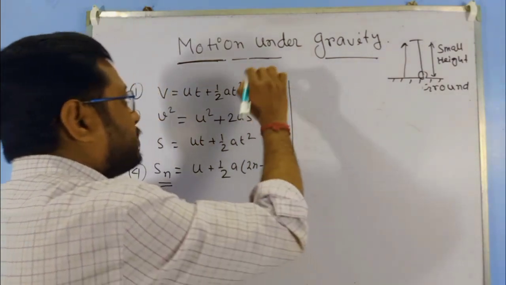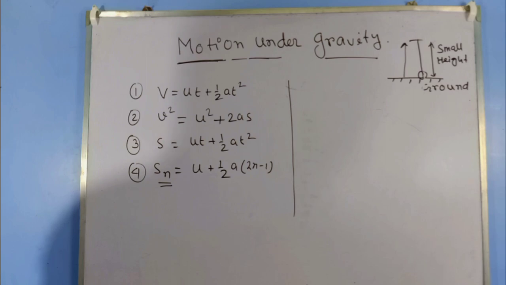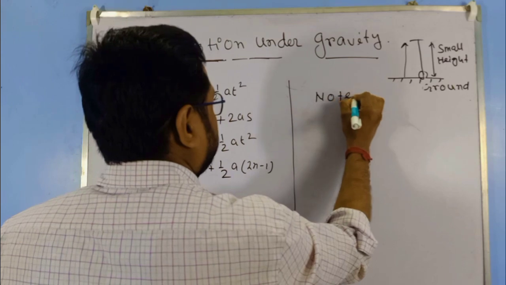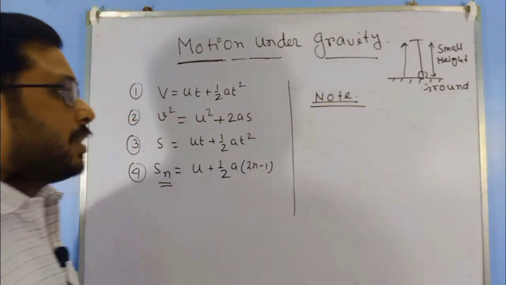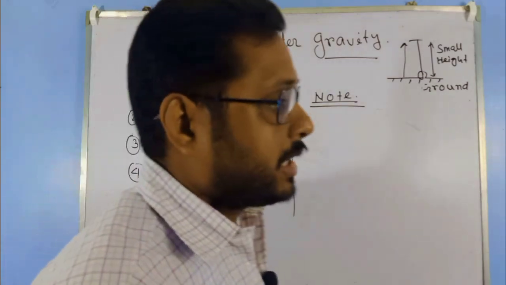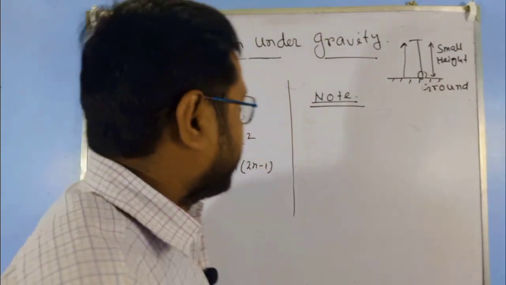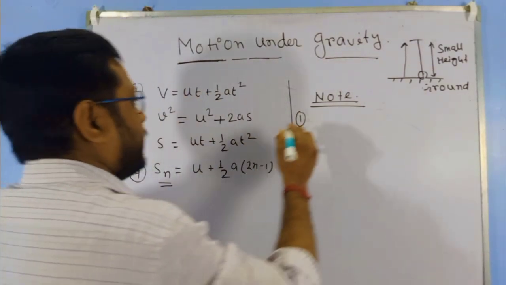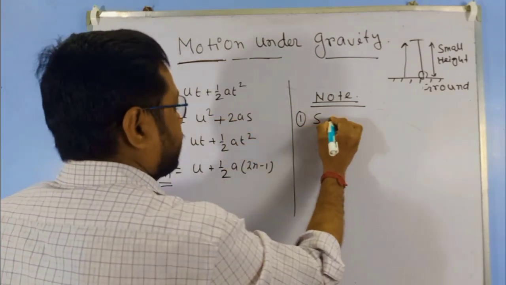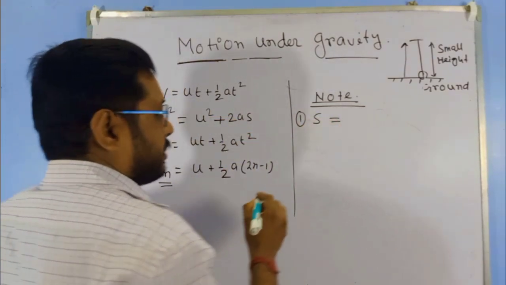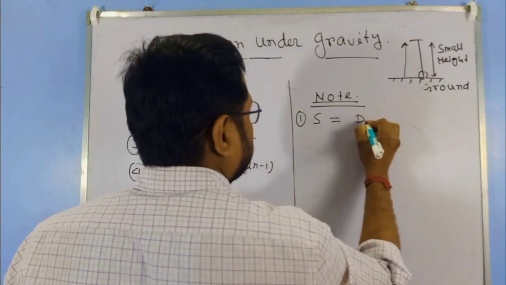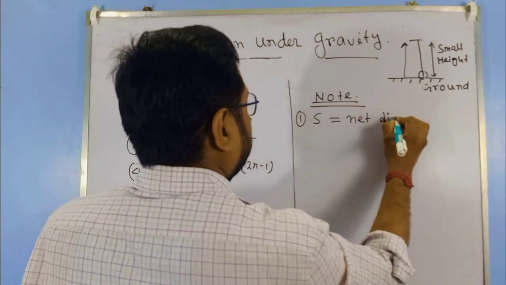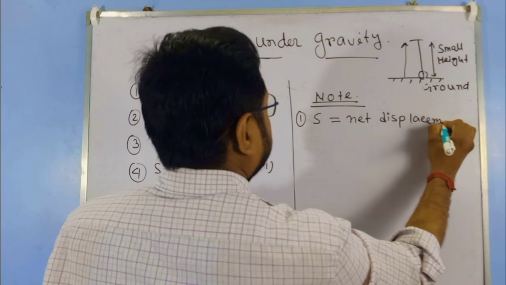But in the case of motion under gravity, we should note some important facts, because if we do not follow these rules, we will certainly make mistakes. At first, s is not the total distance covered, s is the displacement, we can say the net displacement. It is not the total distance, but the net displacement.